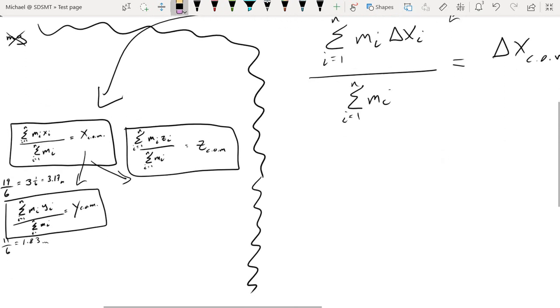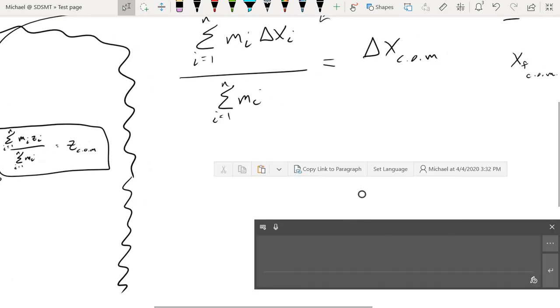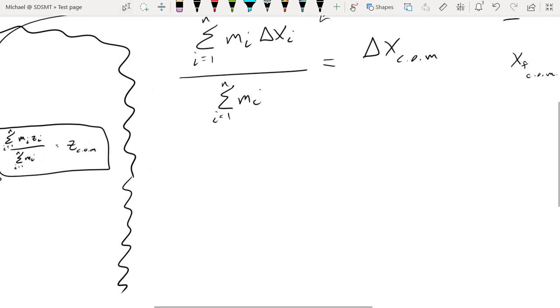Alright, so now we know that our center of mass has displaced. The next step is to ask the question, how fast did your center of mass displace? In other words, displacement over time equals velocity.